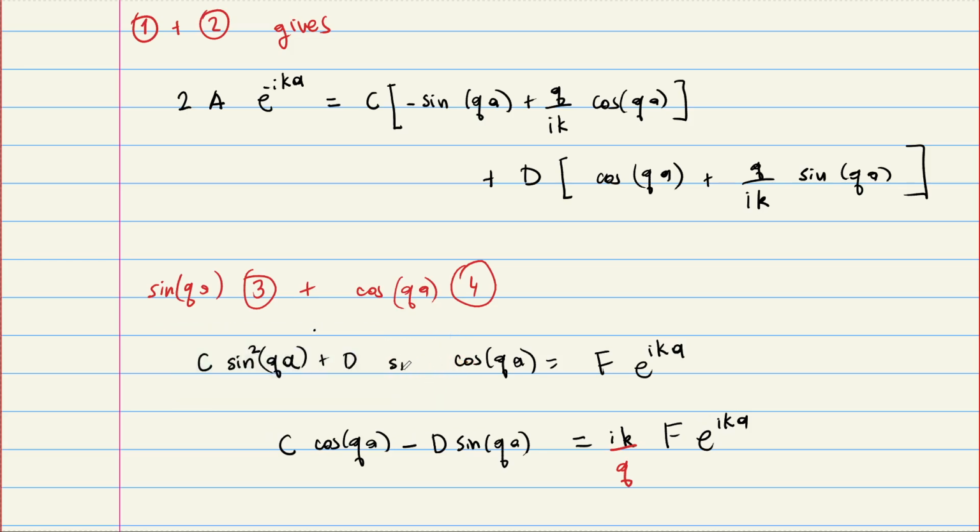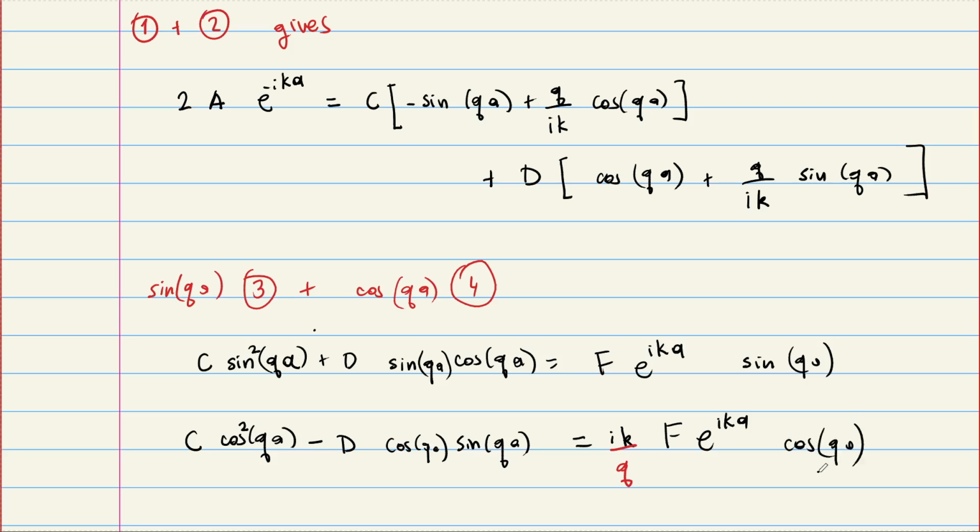This is sine qa, and the second one is multiplied with cosine, so this is cosine squared. And so this d is d cosine qa. And I need to do the same thing here, so this is sine qa, so this is cosine qa.